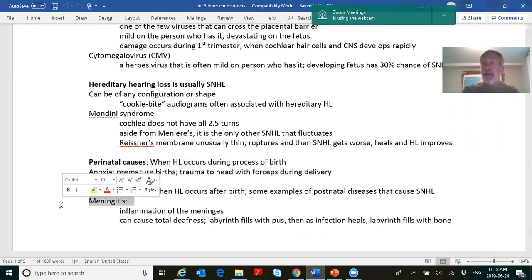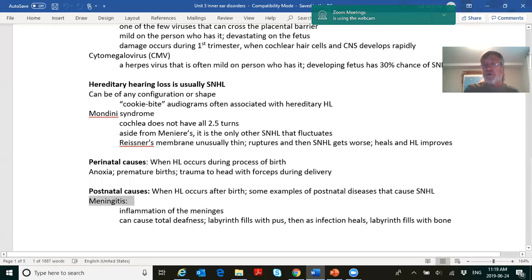And it's held against the brain by way of the meninges, which is a sac that surrounds the brain, and it keeps that cerebral spinal fluid bathing the brain, okay? So inflammation of the meninges can cause total deafness. The labyrinths will fill with pus, then as infection heals, the labyrinth, meaning the cochlea, fills up itself with bone. It's gone. Usually total deafness.